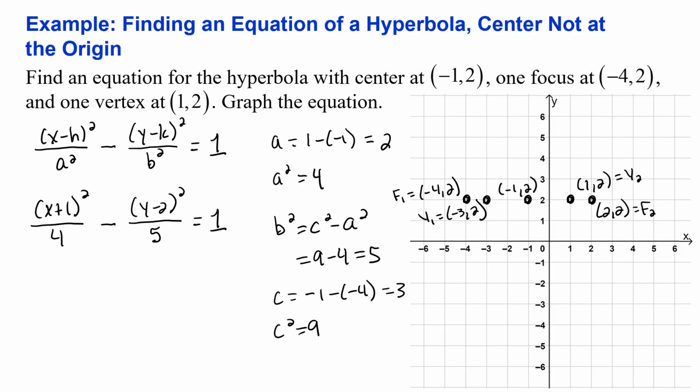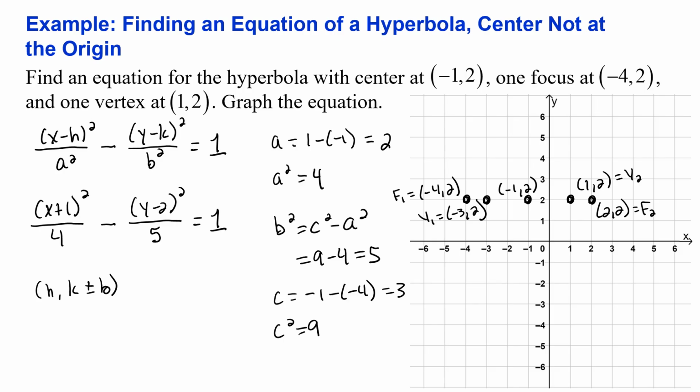Now recall that the rectangle will contain the 2 vertices as well as the 2 points that are a distance of b from the center along the conjugate axis, which in this case is a vertical distance from the center. So we will plot the points h, k plus or minus b. And since b squared equals 5, then b equals square root of 5, which is approximately 2.24.